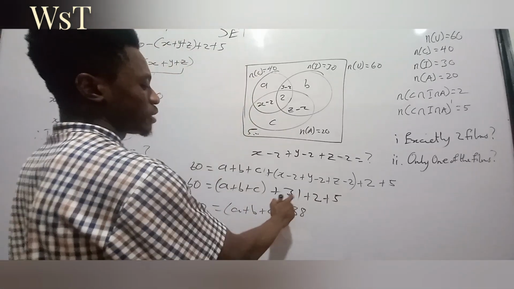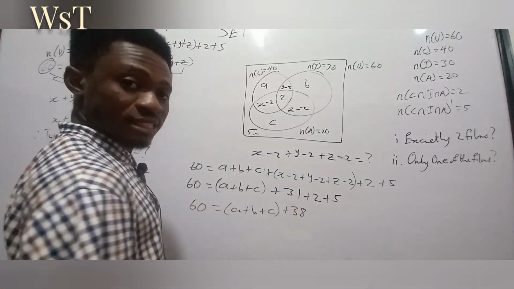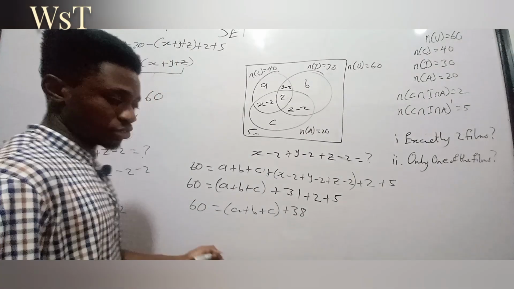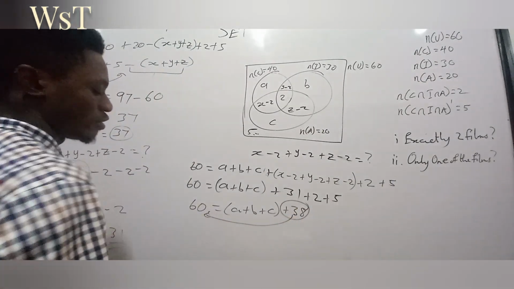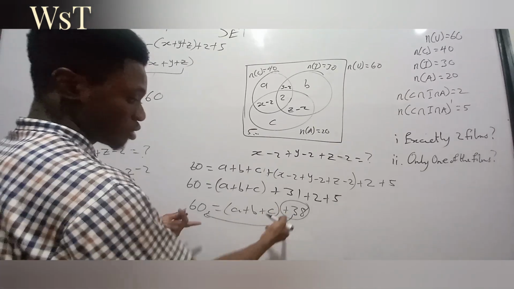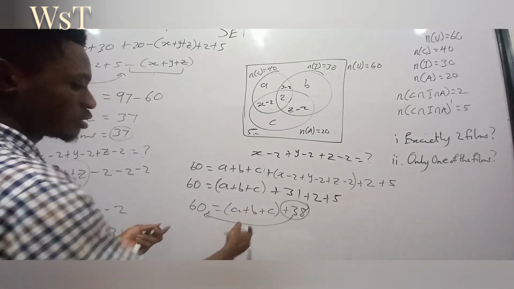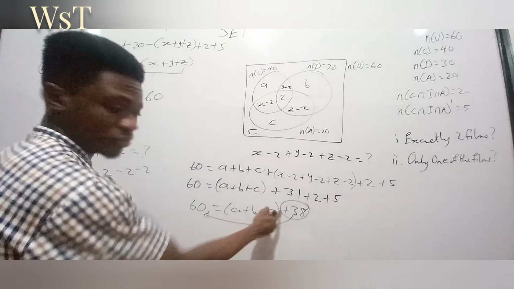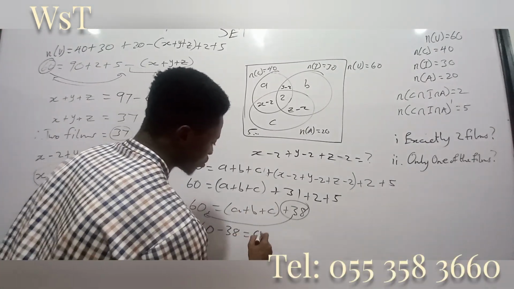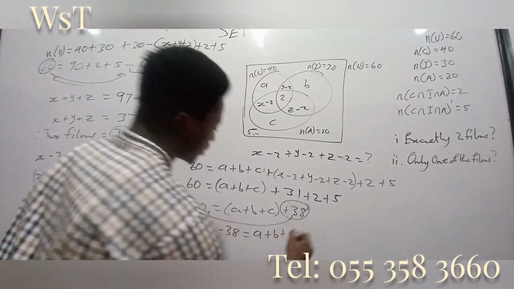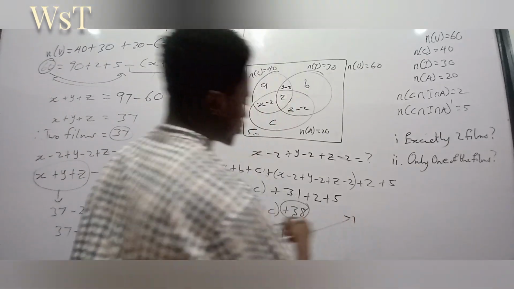So 31 plus 2, which is 33, plus 5, 38, right? So this 38 will come here, right? Since it is positive, it becomes 38 being equal to A plus B plus C. So the answer is what?